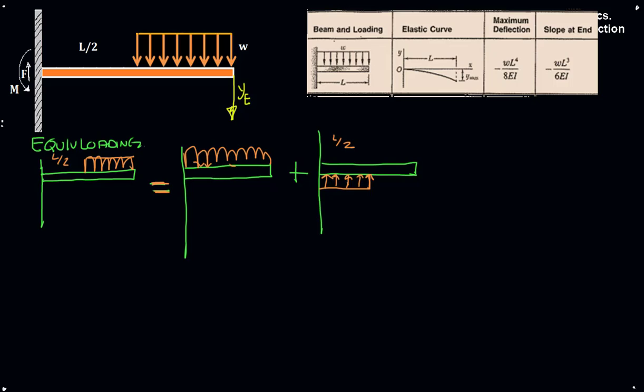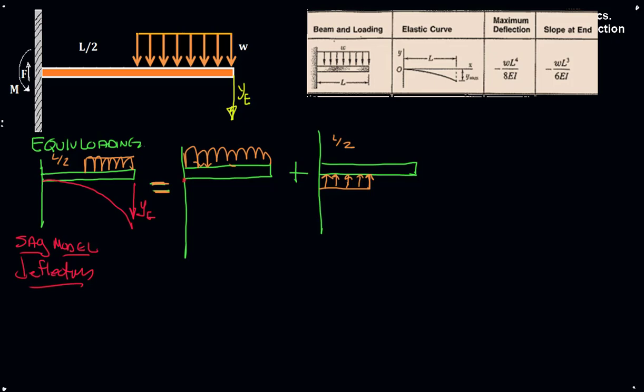Let's next show the sag model for this, which would be the deflections greatly exaggerated. So here's what we're looking for. We're looking for this, which we'll call Y end.